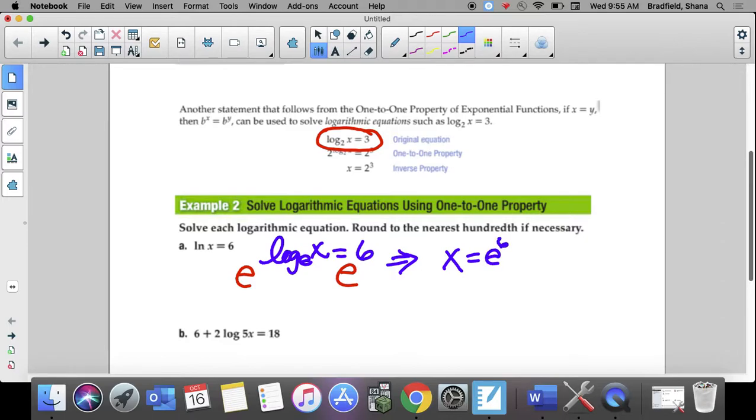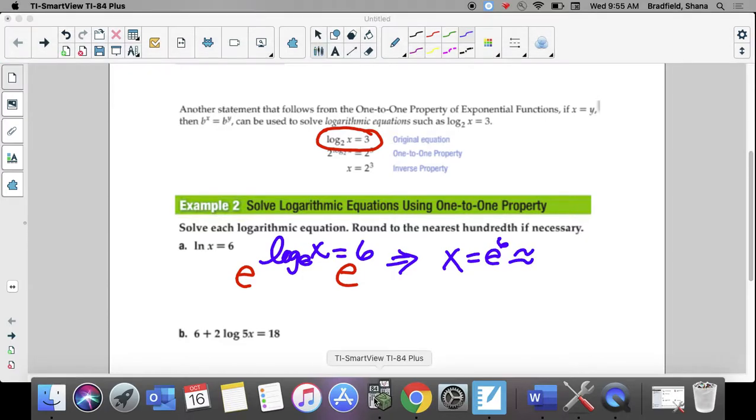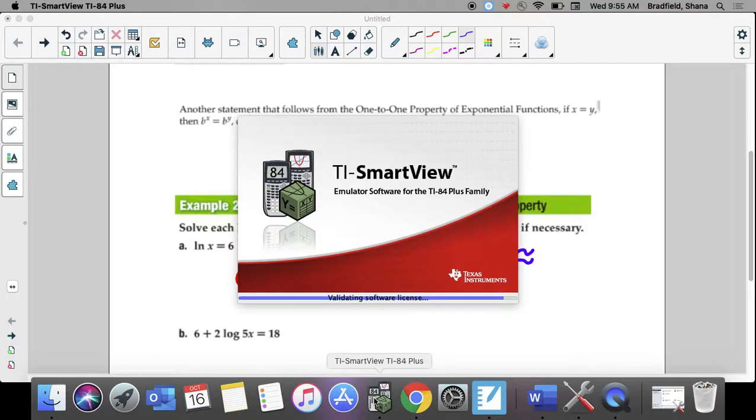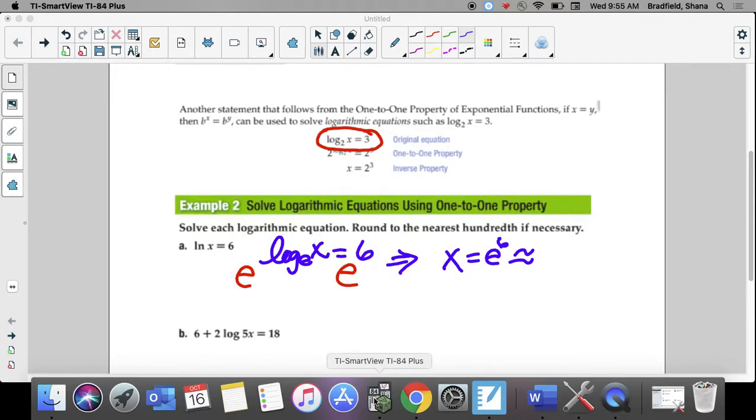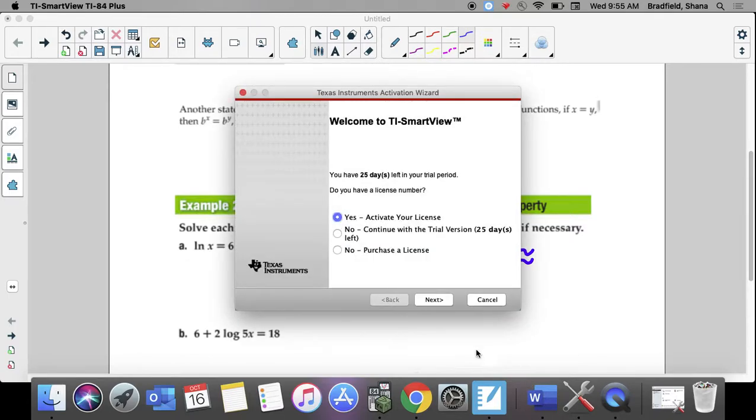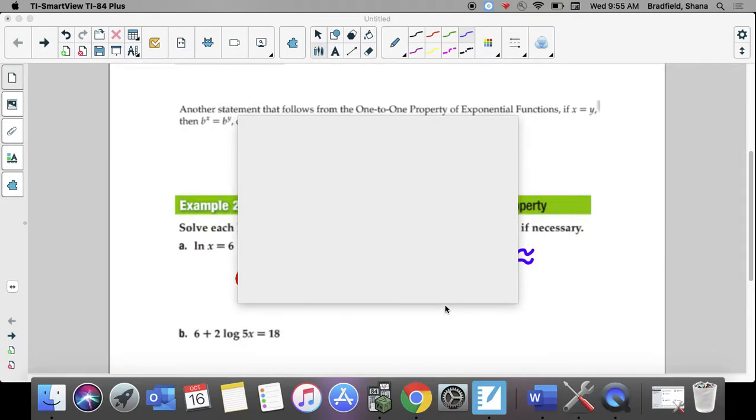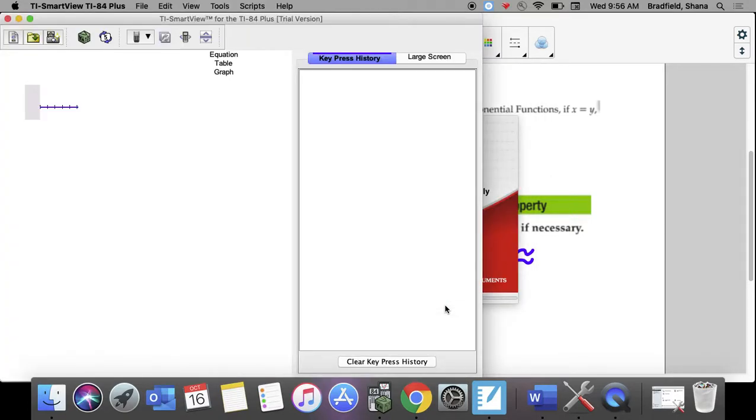At that point, I'm going to get out my handy dandy calculator, and I'm going to find out exactly what that equals. Give us a minute here.